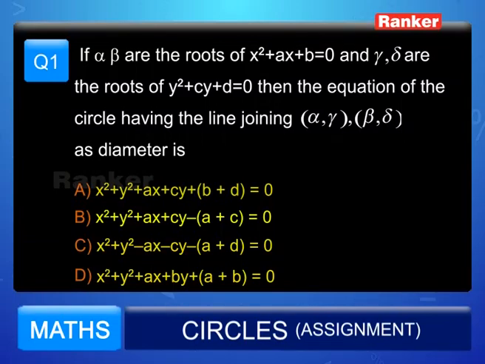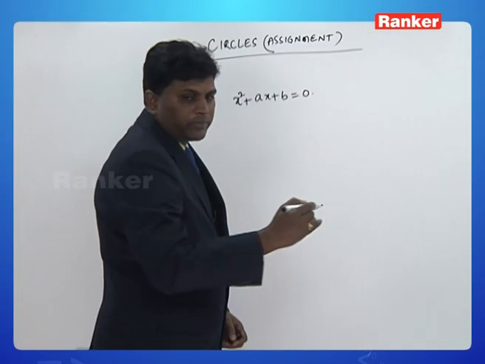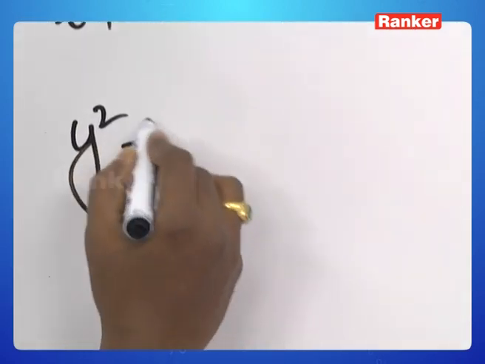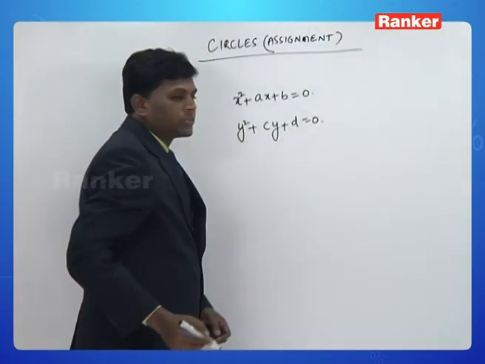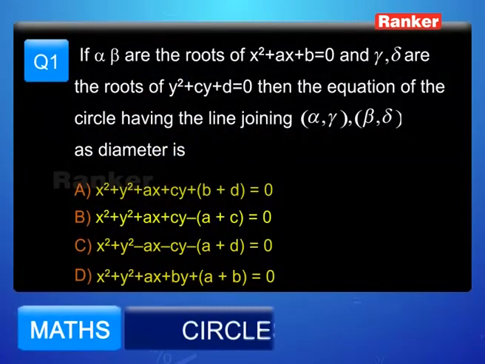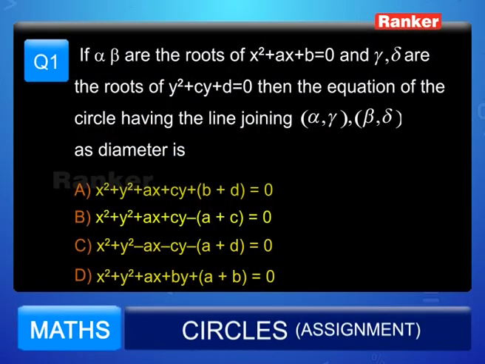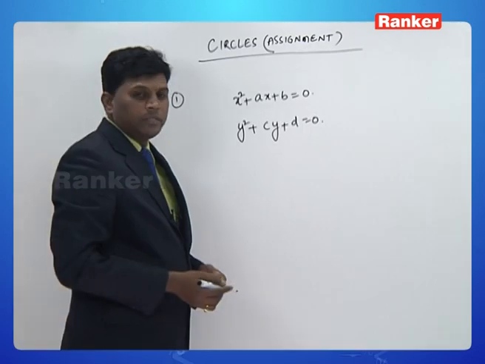Similarly, gamma, delta are roots of another quadratic equation, y square plus cy plus d equals to 0. Then we have to find the equation of circle having alpha comma gamma and beta delta as extremes of a diameter.